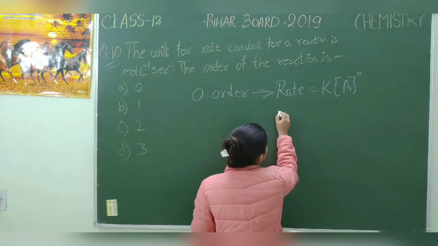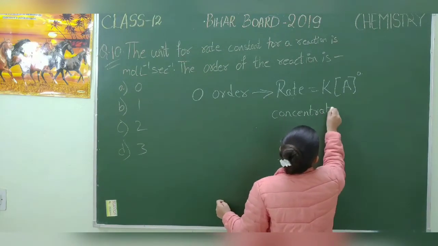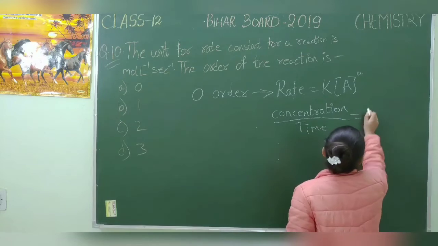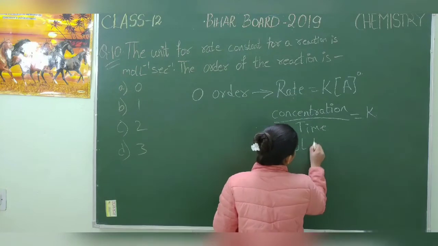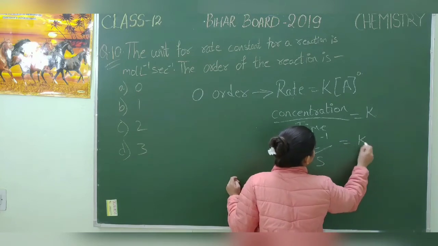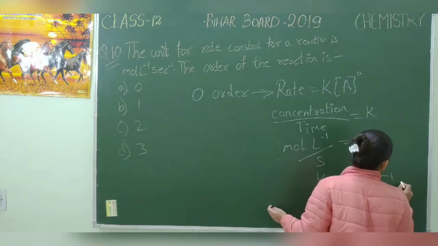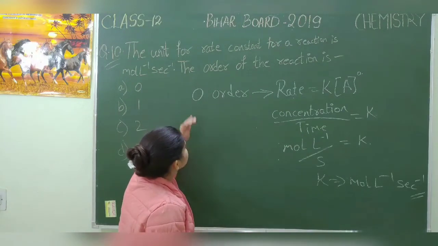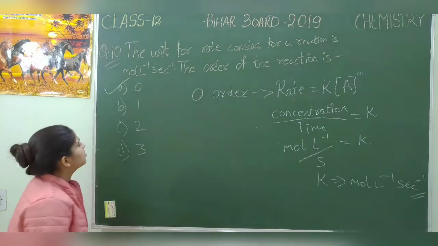As we know that rate is the concentration per unit time equals K. So concentration is mole liter inverse and time is in second. So we get K as mole liter inverse second inverse. So we can say that it is the zero order reaction. Okay, now this is our answer.